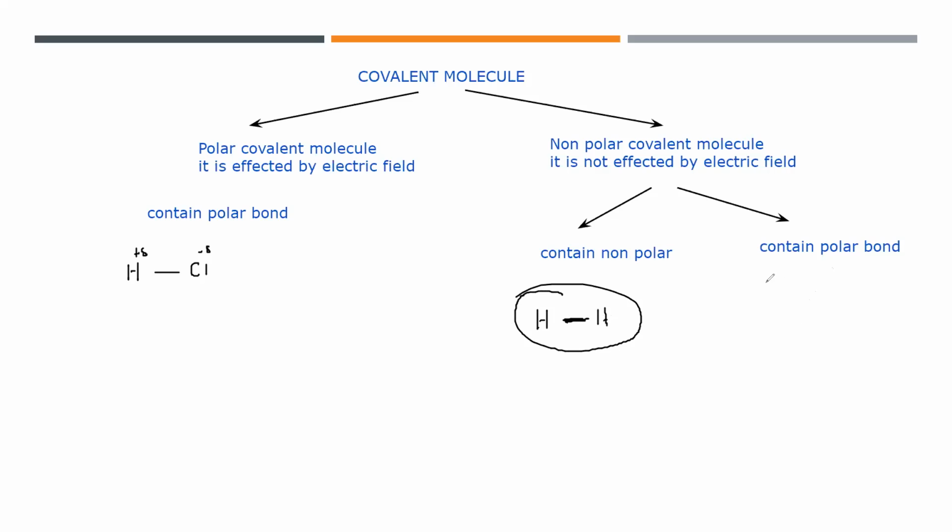How can this happen? For example, carbon forms bonds with four chlorines. Carbon is partial positive, and each chlorine is attracting. All four chlorines are attracting the electron pairs, so the resultant, or net distribution of the electron, is 0.